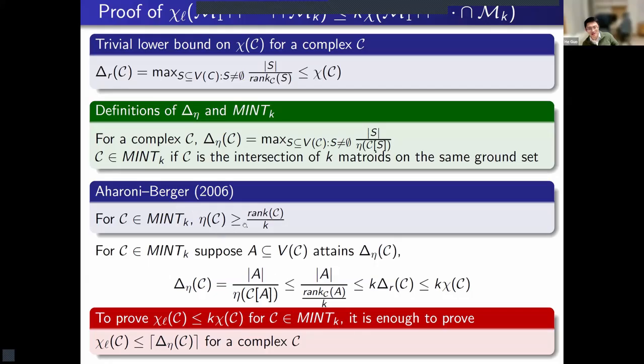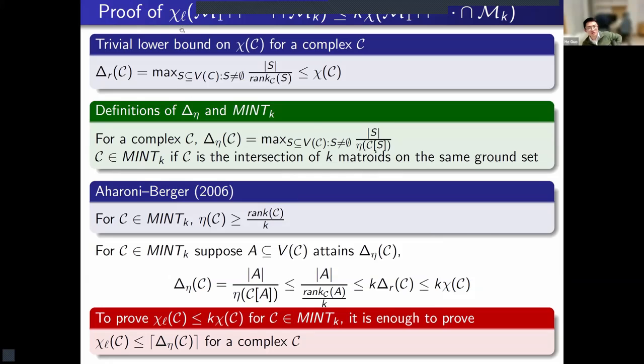Because eta is greater than this one, we can replace eta by the rank of C induced on A divided by k. And therefore we find that the size of A divided by the rank of C on A is at most k times delta R. And together with this trivial lower bound, we know that this is at most k times the chromatic number of C.